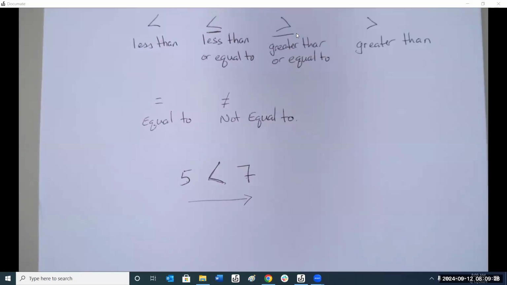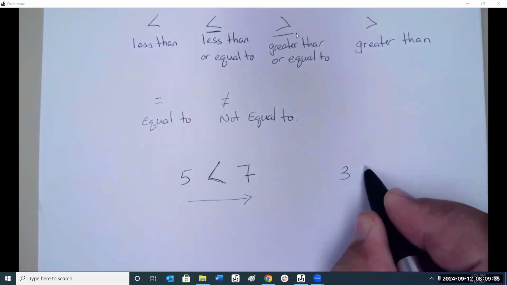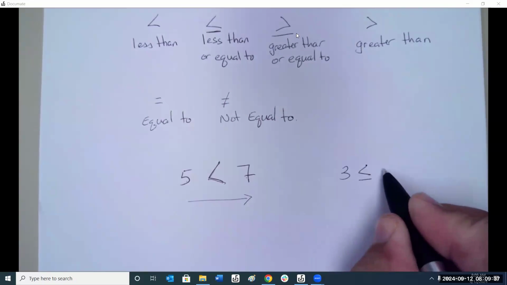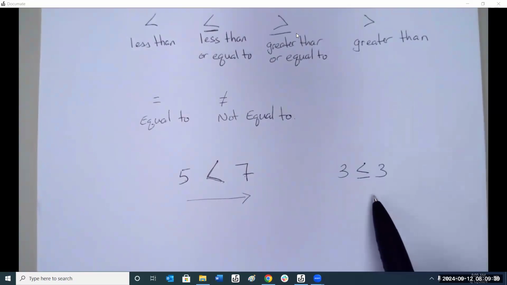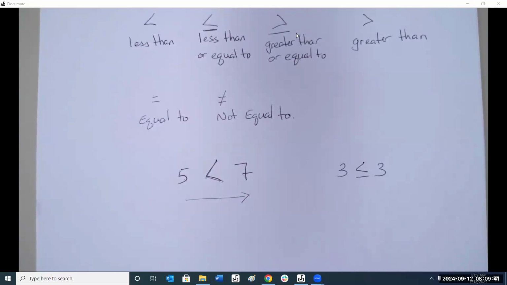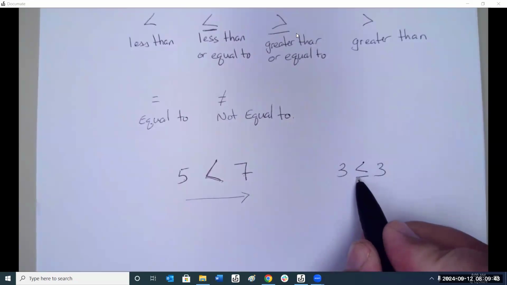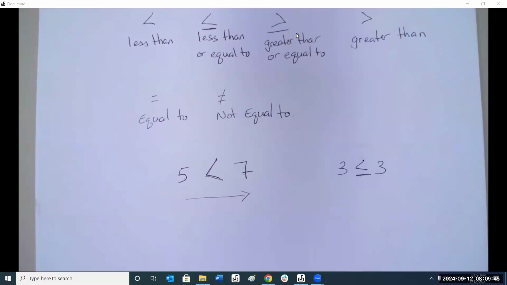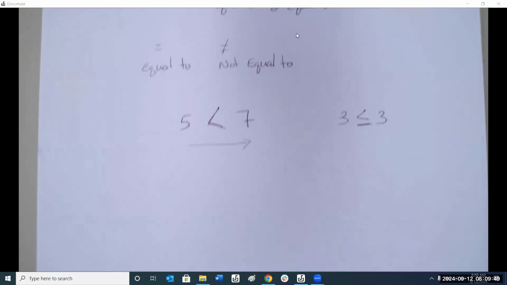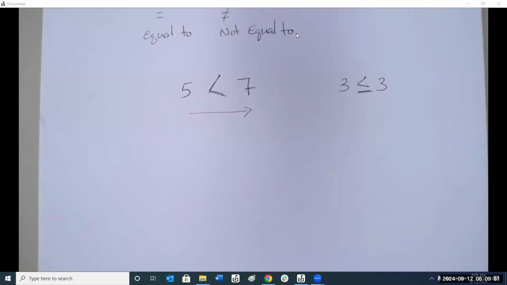Any way you want to, as long as you remember it, that's great. Is this true? Yes. Why? Or equal to. This and this side could be equal. So that's what the symbols mean, which gives us an infinite number of answers.